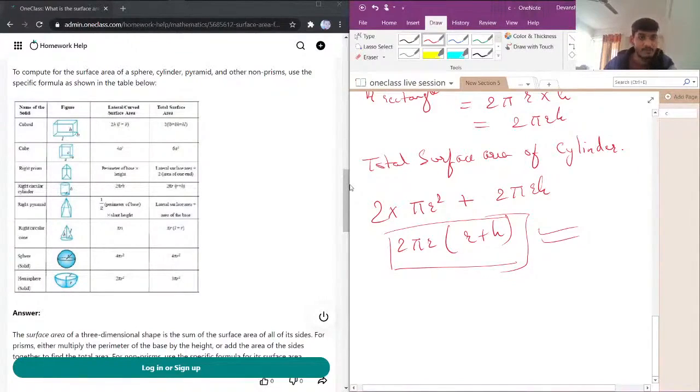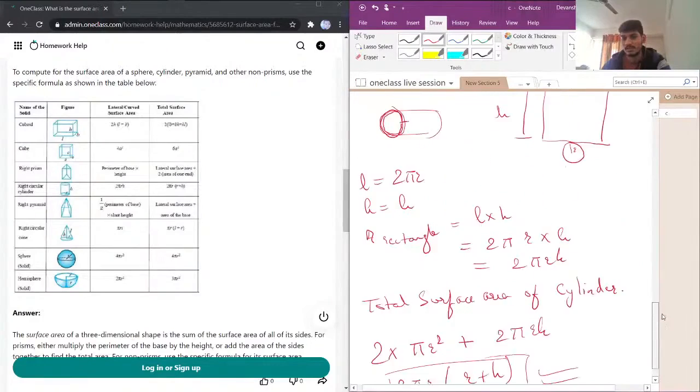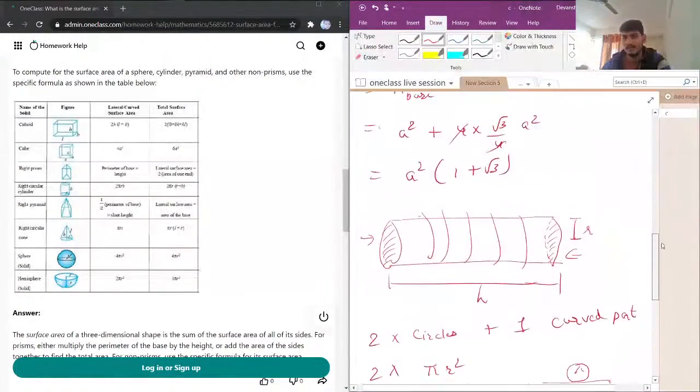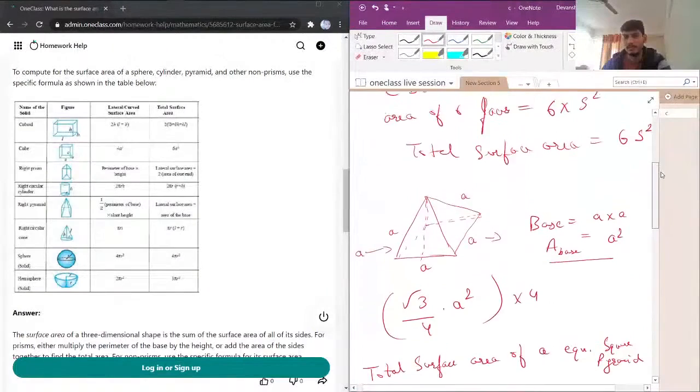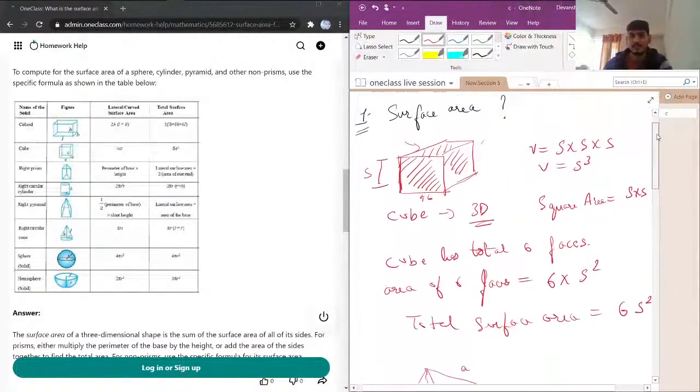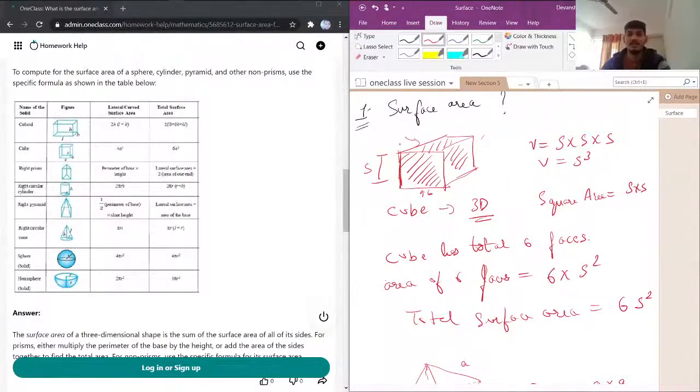Here we have one more formula, which is the lateral or curved surface area. In the case of lateral or curved surface area, we do not include the base of the figure, neither base nor the top part. So for a cube, the total surface area was 6s square, where s was the side.